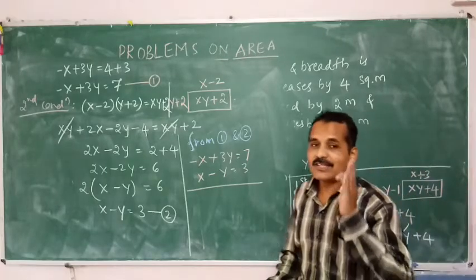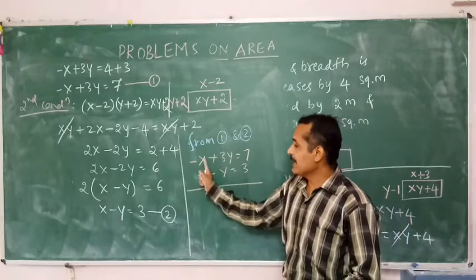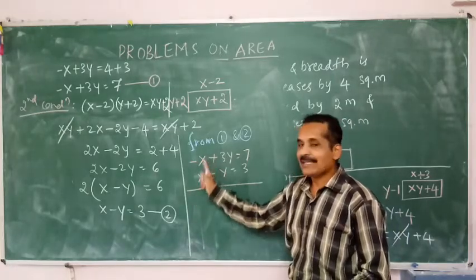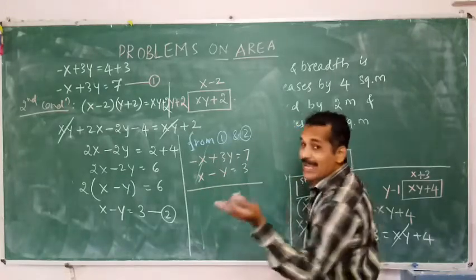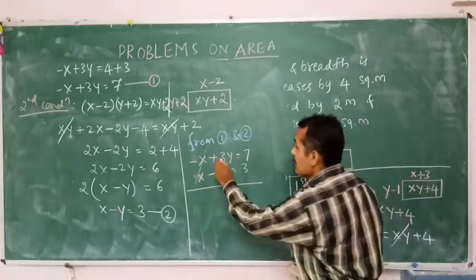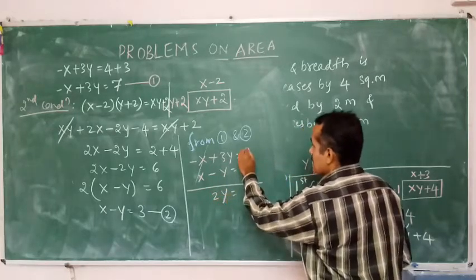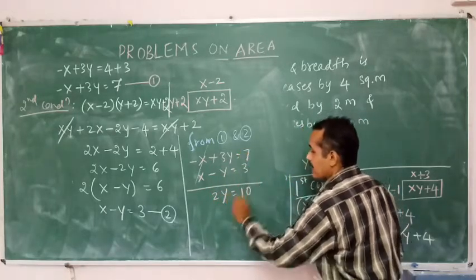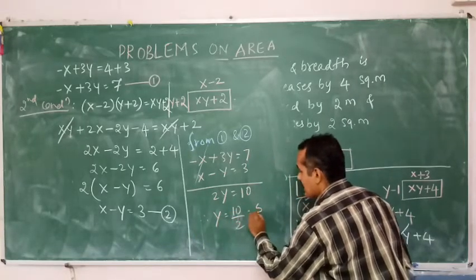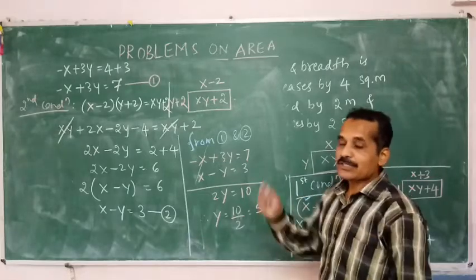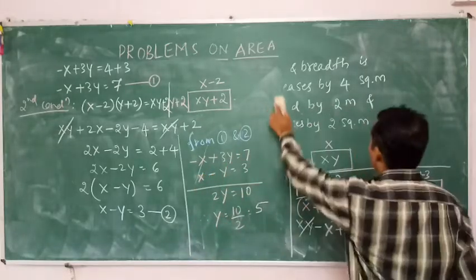No need to change the sign, my dear children, because minus and plus are getting cancelled easily. Now, it is addition, not subtraction. 3y minus y is equal to 2y. 7 plus 3 is equal to 10. Therefore, y is equal to 10 by 2. Answer is 5. They asked you to find the length and breadth of the rectangle. You got the value of y.